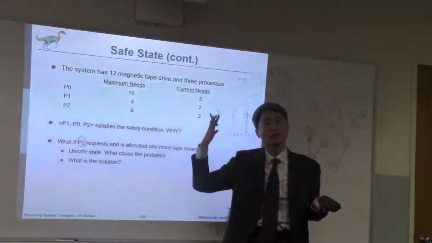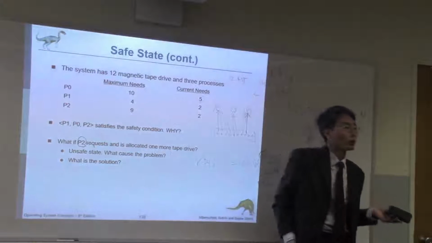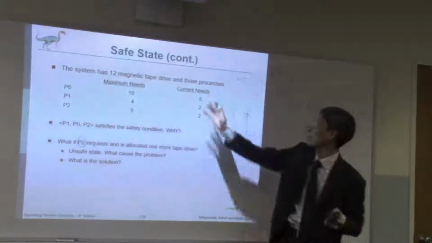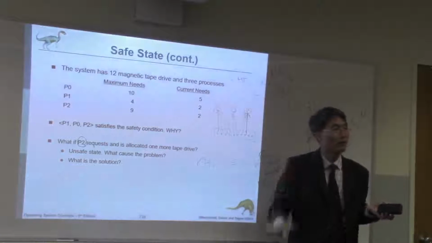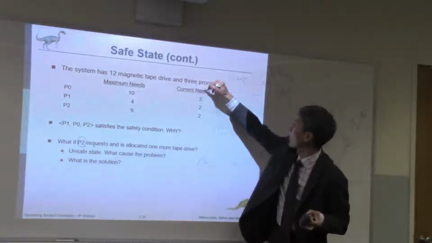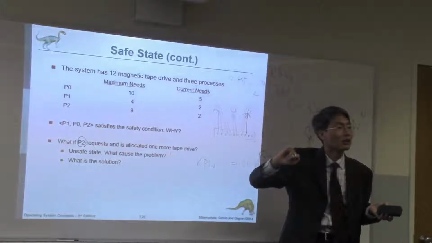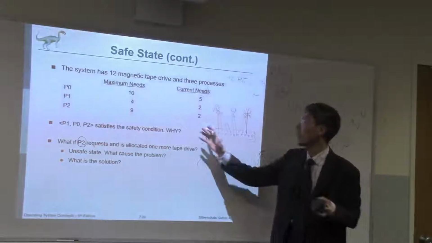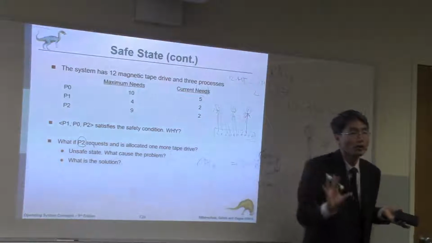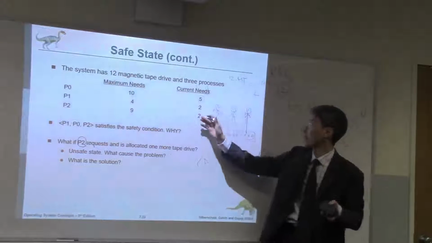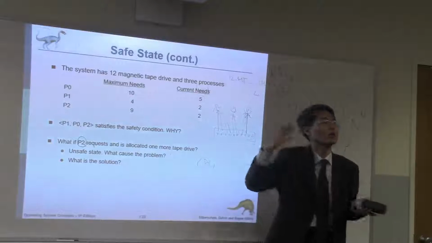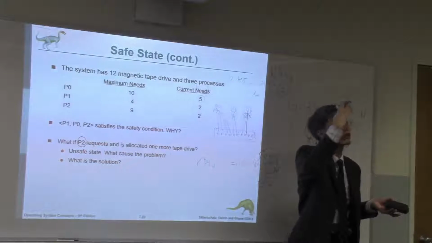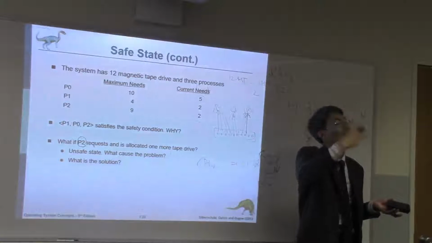The current column means how many are currently held. I think because of the name, it will be confusing. It's a hold. How many hold? Okay, 5. And P1 is holding 2 magnetic tapes, and P2 is holding 2. So 9 of them are currently used, and 3 magnetic tapes are available.